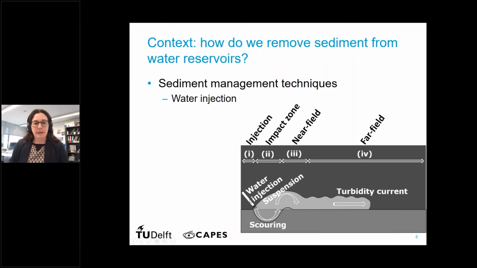So there is the water injection, then a scouring process that suspends the sediment, and it evolves to a turbidity current. And these processes, they can be divided in 4 spatial regions: injection, impact zone, near and far field of the turbidity current.